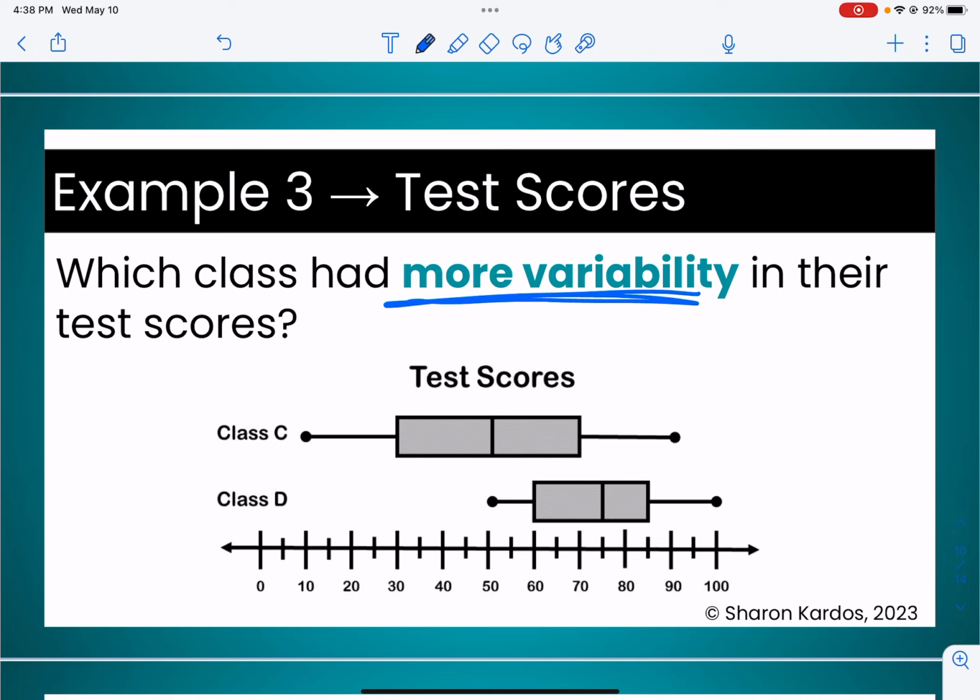So if I'm looking for the one that is more variable, more spread out, I am definitely going to say class C, because I can see that not only is the whole box and whisker plot longer, but also just the box itself is even longer than class D. So class D scores were more consistent. They were closer together. Everybody scored about the same, but class C, everybody was all over the place.